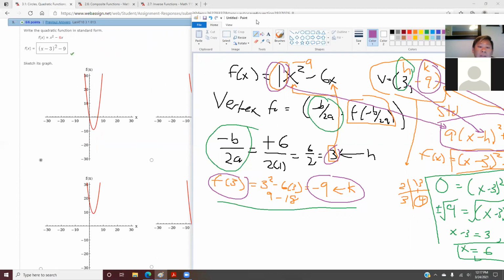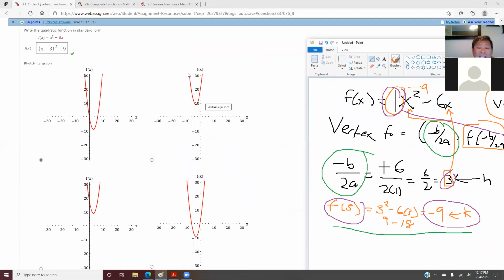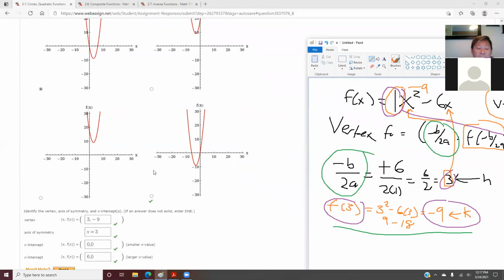Do you know what happens if you have a graph that goes like this, let's say you pick this graph? Do we have any x-intercept? We do not, because this graph does not cross the x-axis.